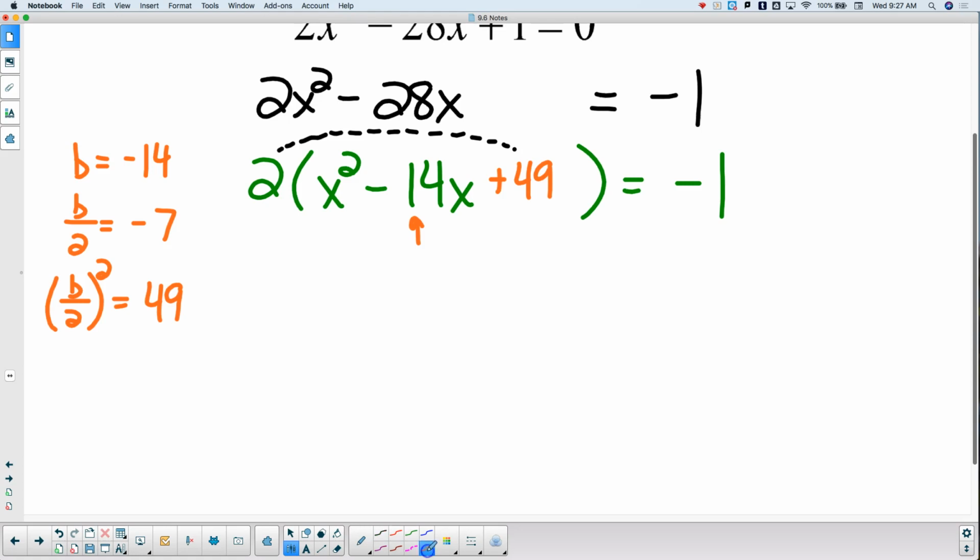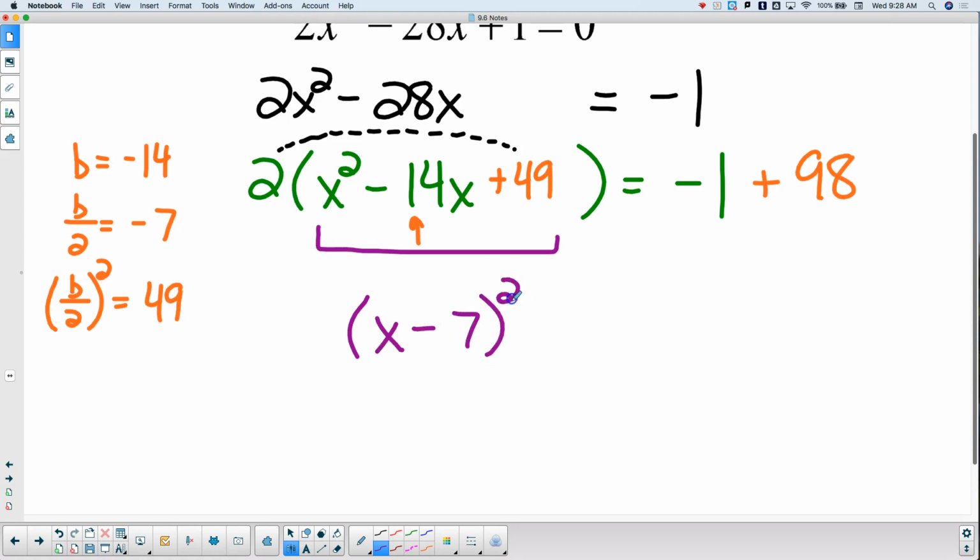So on the other side, I have to add 98, because that 49 on the left side is being controlled by the 2. Okay? Fantastic. Step number 5 then. I can factor this part right here. This part here is going to factor to be x minus 7 quantity squared.